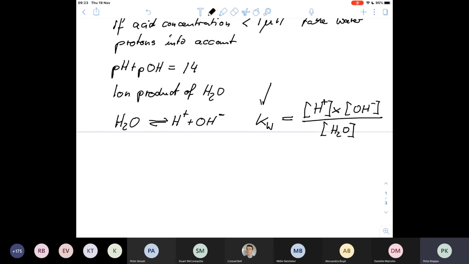This is a constant, and because it describes this dissociation, it is also called a dissociation constant. The little w here indicates that it's for water.